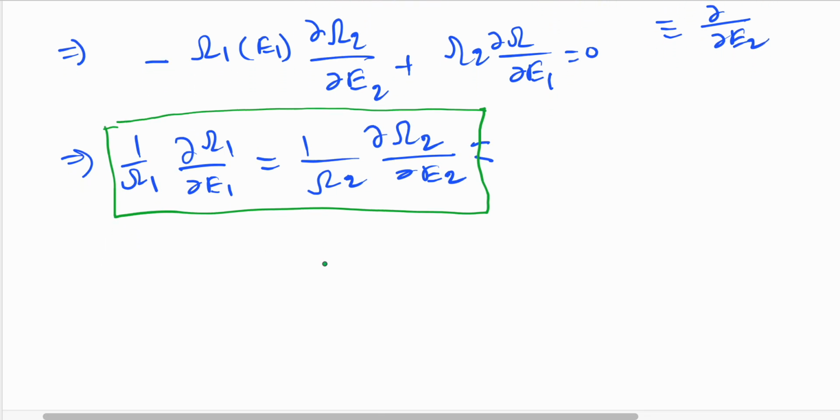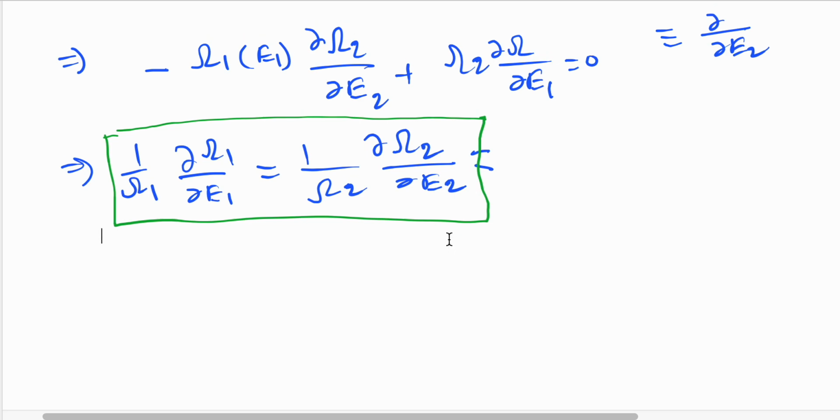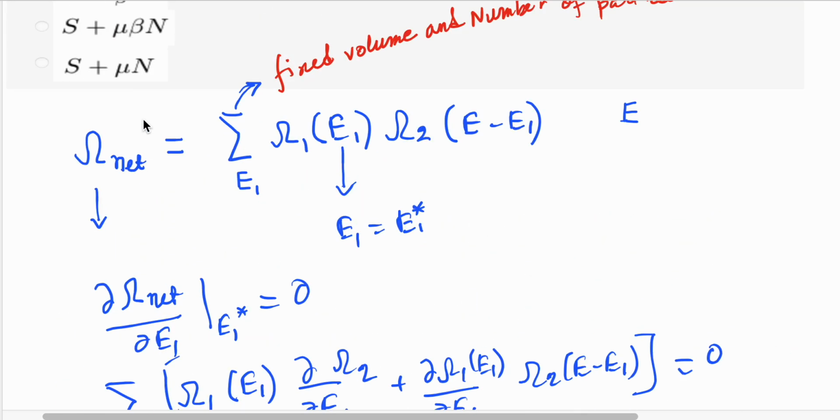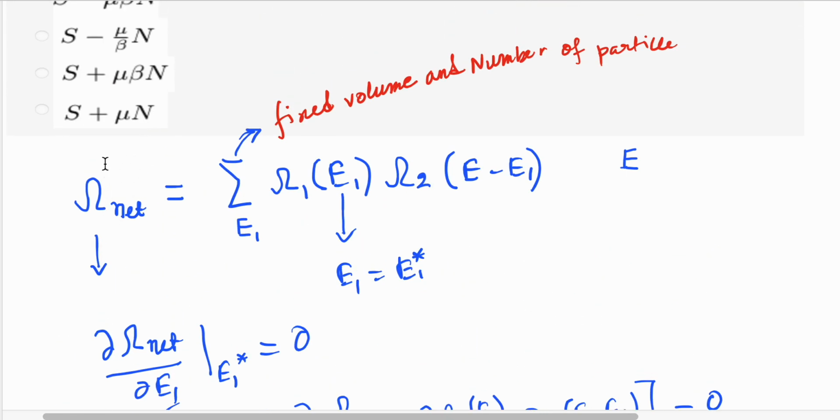Now we know from our physical experience that when the energy exchange between these two systems stops, the total number of microstates always goes to the state where it is larger, a maximum possible number of microstates. So our system always reaches toward that state where it has a maximum number of microstates.